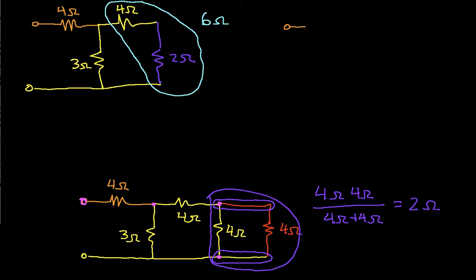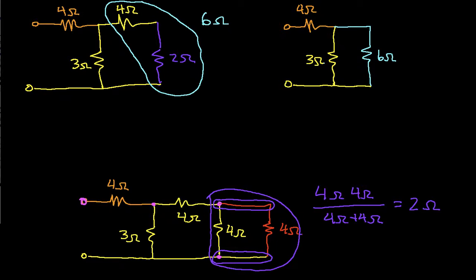So I have 4 ohms connected to 3 ohms, and also connected to 6 ohms. Okay, so I've replaced the 4 ohm and 2 ohm resistors that were in series with the 6 ohm resistor.